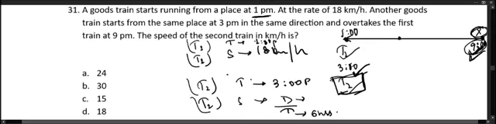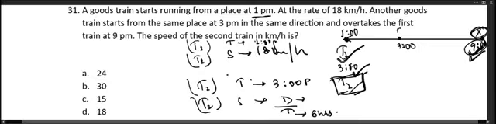So we have the time as 6 hours, and the distance will be the same, as both train 1 and train 2 cover the same distance. So if we find the distance of train 1, then we will automatically get the distance of train 2. At 3 p.m., train 1 is at point B.